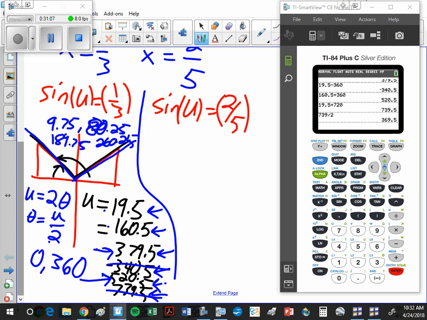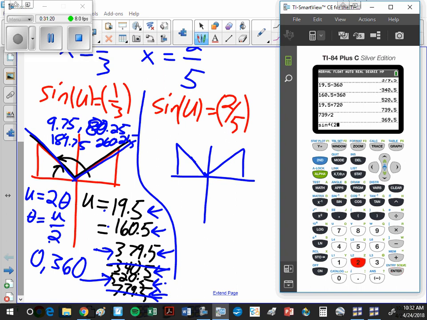So, where is the sine of u equal to 2/5? 1 and 4. Or sorry, 1 and 2. The sine inverse of 2/5 is 23.6.